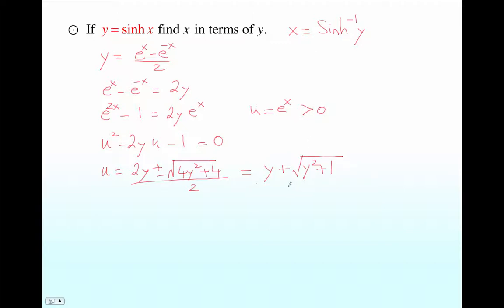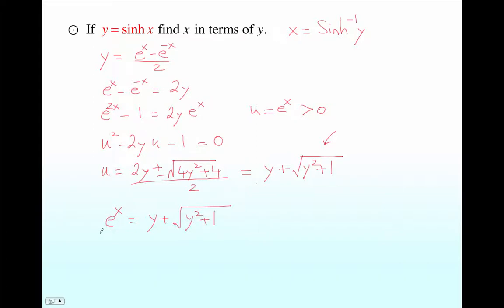On the other hand, if I had taken y minus square root of y squared plus 1, then I would have got u to be negative, because this thing over here, what's under the square root, is obviously bigger than y. And so we have e to the power x is y plus square root of y squared plus 1.